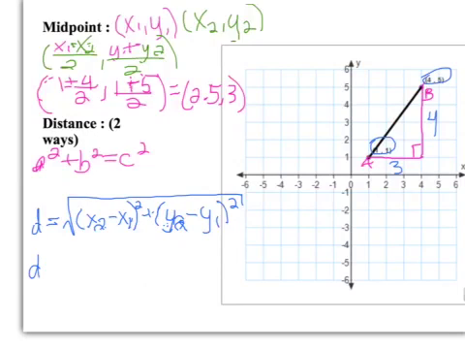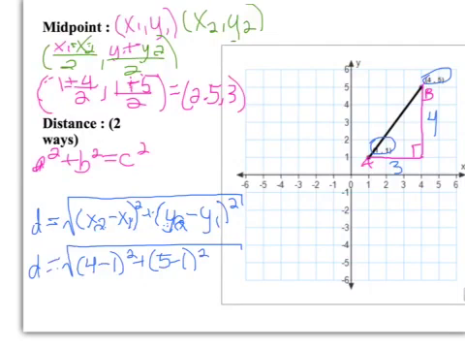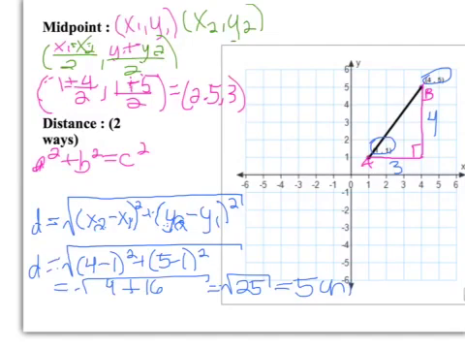So we'd get d equals the square root of 4 minus 1 squared plus 5 minus 1 squared. 4 minus 1 is 3, 3 squared is 9, 5 minus 1 is 4, 4 squared is 16. So that gives us the square root of 25, which again is 5 units.